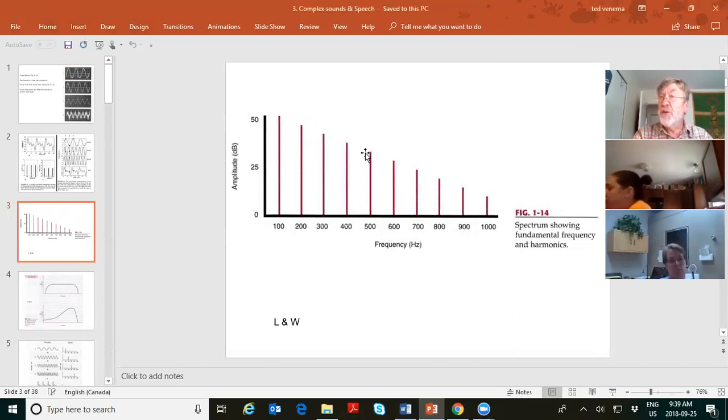It doesn't have to, they're just showing you a spectrum, and this spectrum of a complex sound happens to drop off as the frequencies get higher. So it's got more energy in the low pitches and less amplitude in the high pitches. And that, by the way, BTW, is the same as the frequencies of speech. Speech is a lot like this spectrum. Speech has more energy in the low frequencies and less energy in the high frequencies.